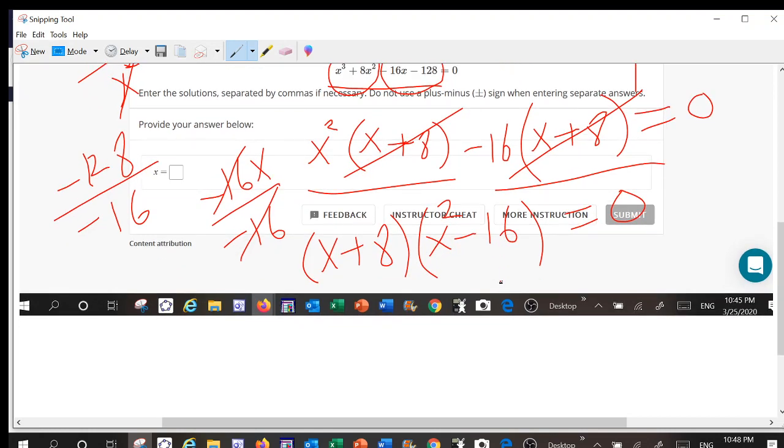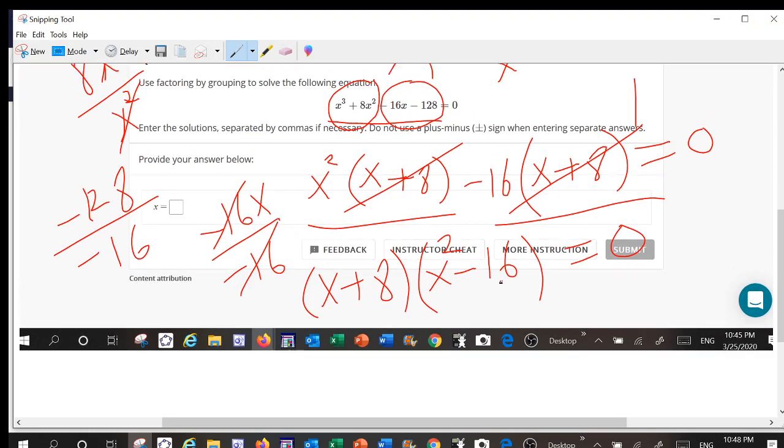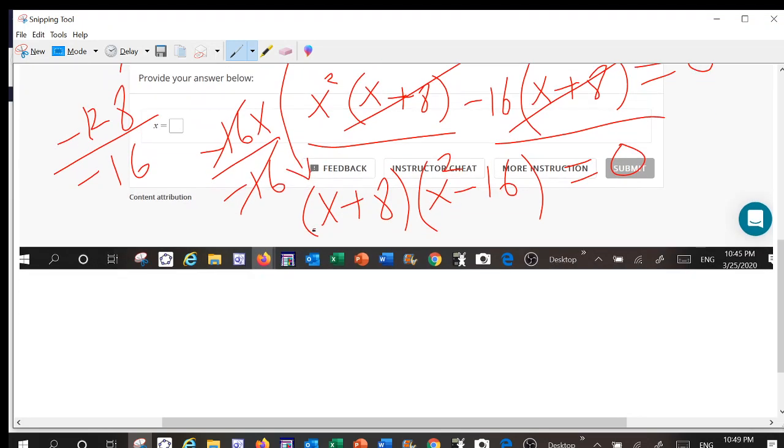So now we converted this equation that we couldn't solve to something that we can solve, because this equation is basically something times something equals 0. Now, the only way this is possible is if we have x plus 8 equals 0, or x squared minus 16 equals 0.